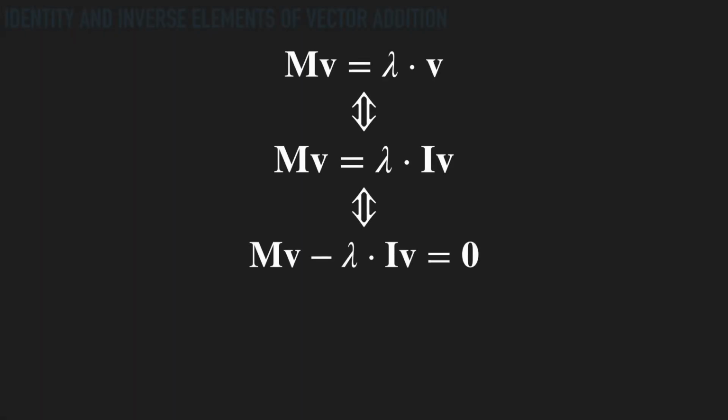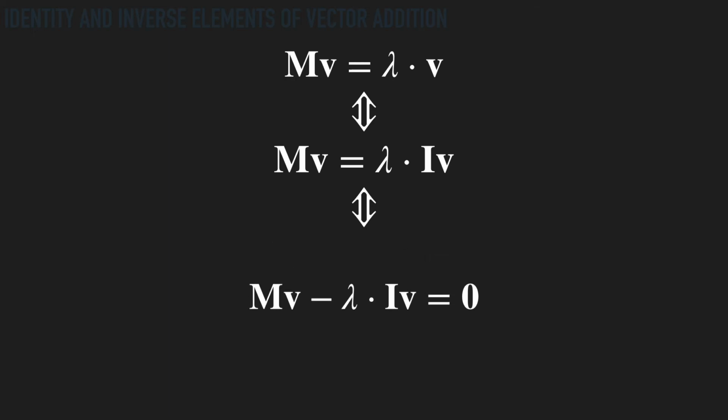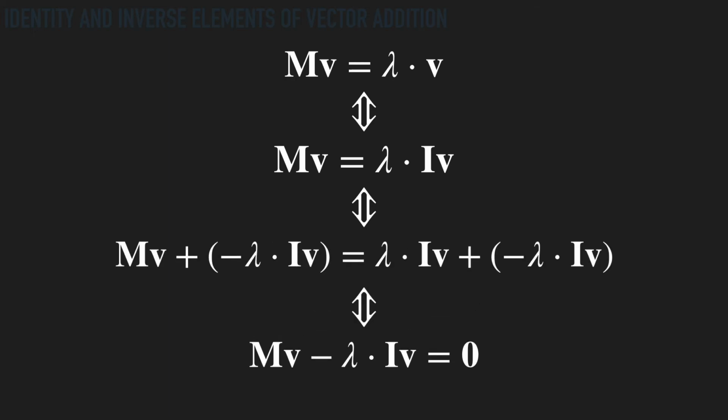Now I want to pull you back to some eigenstuff. Remember how we came to the characteristic polynomial? Well, there's a step here that we unconsciously skip over. Firstly, the reason we do all this is because the zero vector is particularly nice.